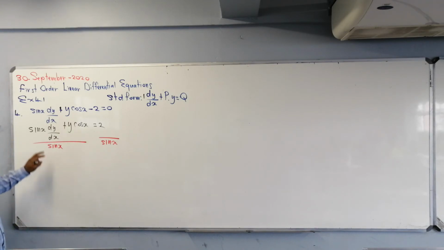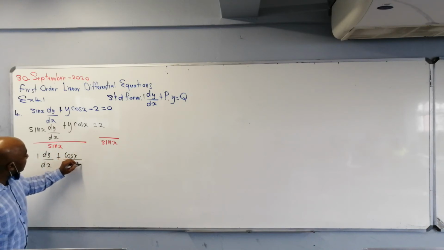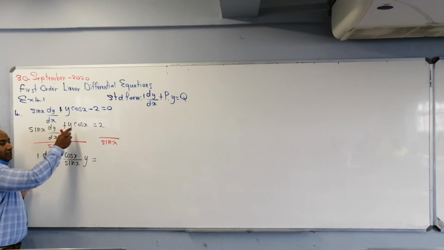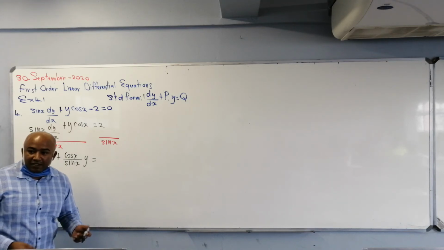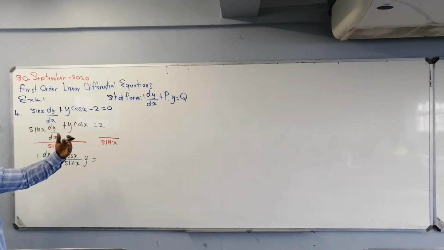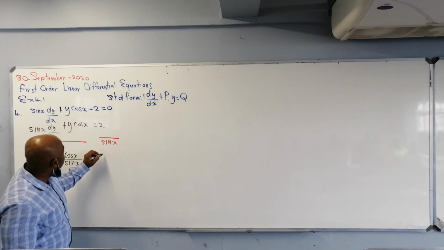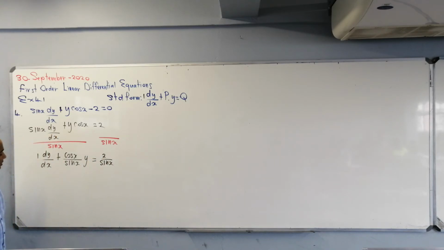So now sin x over sin x here, that will be 1 times dy over dx plus, and then I have cos x all over sin x times y, because remember I'm dividing term 1 by sine, term 2 also by sine. Every single term has to be divided. It's the same as multiplying by 1 over sine on both sides. And here I just have 2 over sin x.